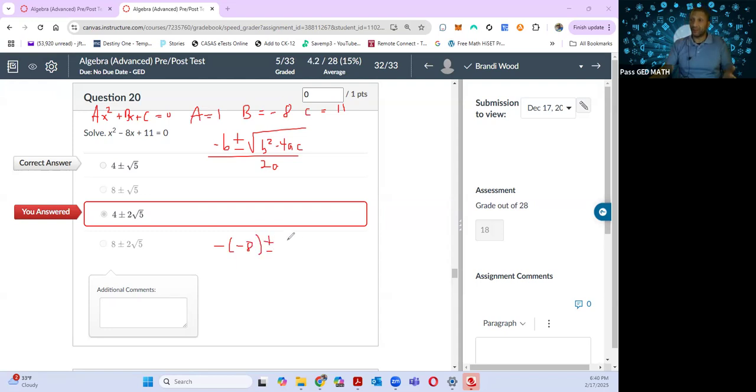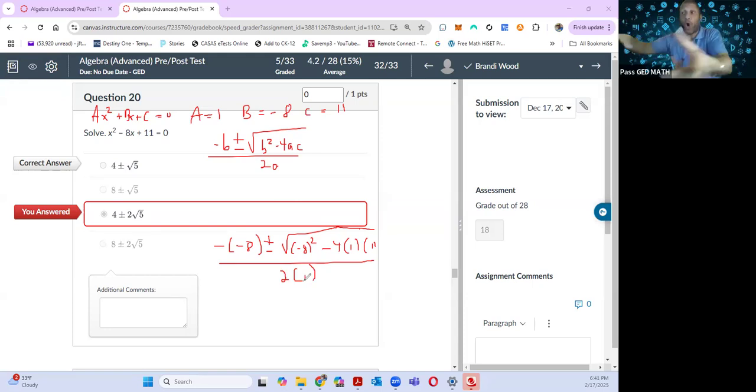Plus or minus the square root of minus 8 squared, minus 4 times a, which is 1, times c, which is 11, all over 2 times a, and a is 1. All we did was identify a, b, and c, and plug them into the quadratic formula.